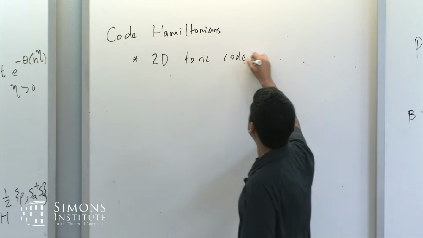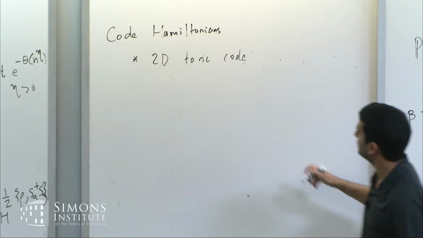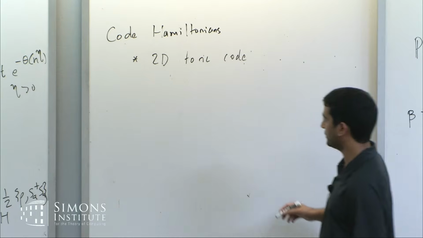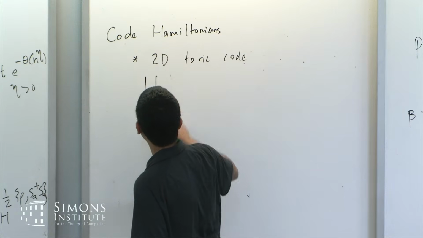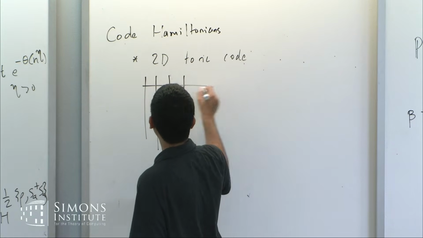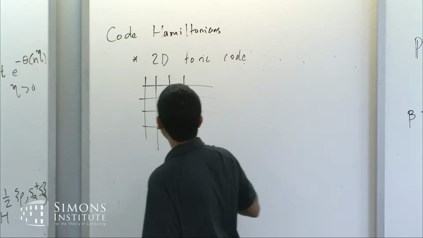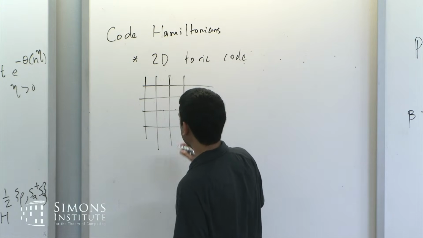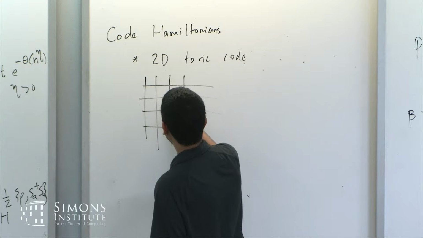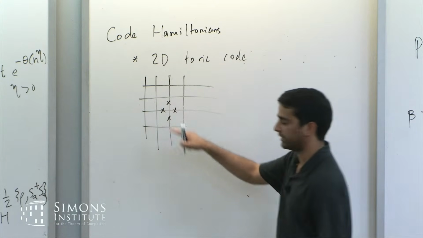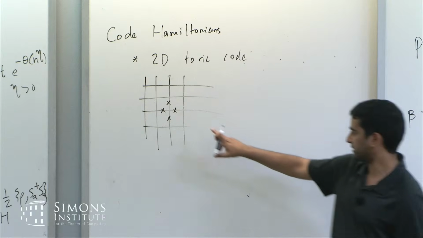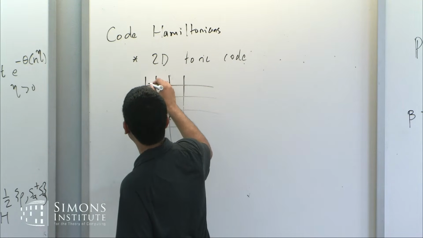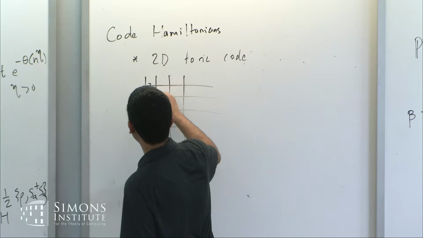The 2-dimensional toric code or surface code is a very standard code. It's defined on a lattice. The qubits are on the vertices. And there are 2 types of stabilizers. There's a stabilizer surrounding a vertex, which is called a star stabilizer. And there's another stabilizer people often call a plaquette stabilizer.